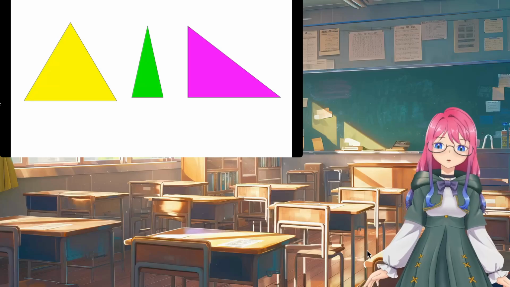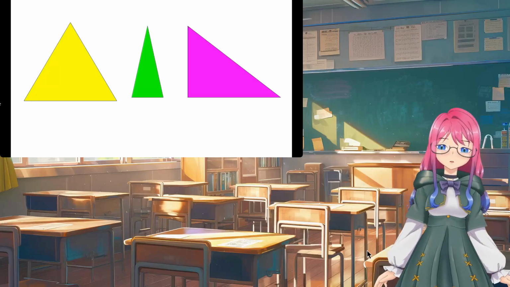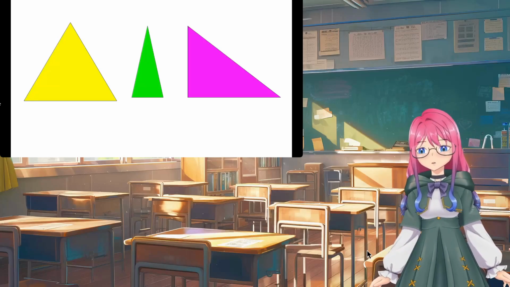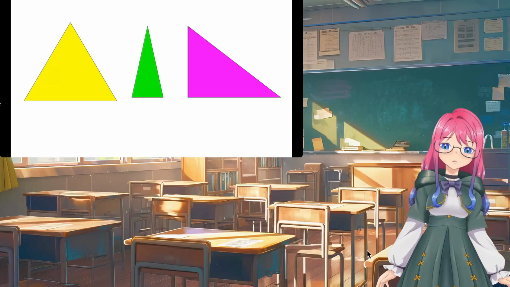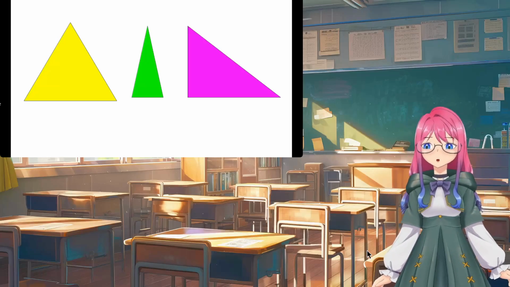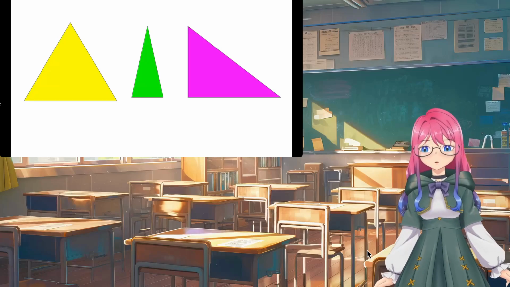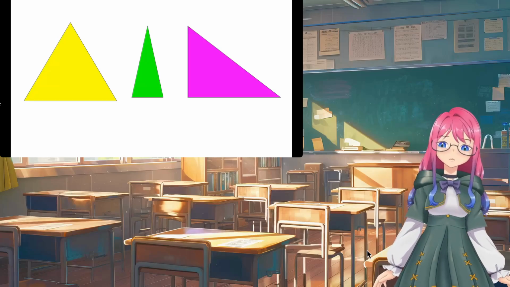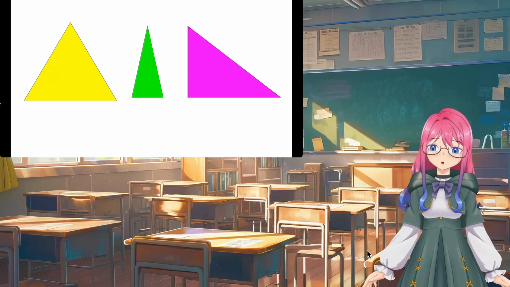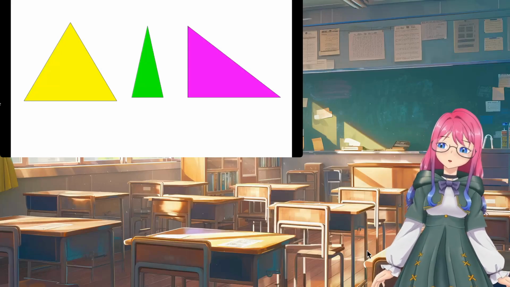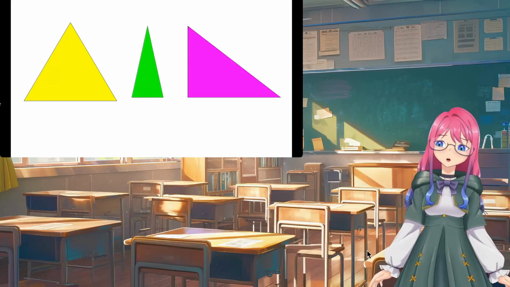In this green one, which is really tall, the top angle is going to be different than the two on the bottom. The bottom part is called the base, and it's going to have matching angles, equal because those two sides going up are the same length. Isosceles triangles have to have two sides of the same length.